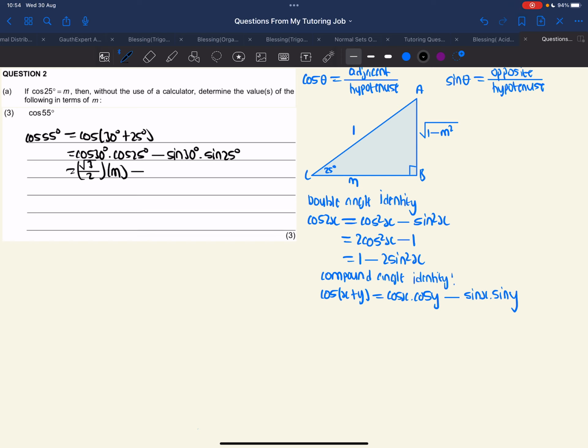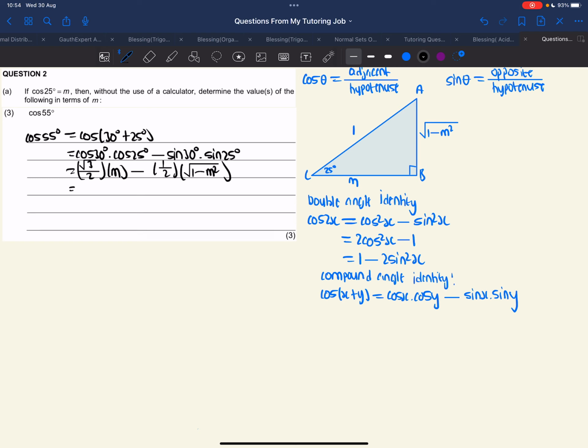Then you're going to say minus, and the special angle of sine 30 degrees is a half, so 1 over 2. And remember, from our previous question, we found that the ratio of sine 25 degrees is the square root of 1 minus m squared.